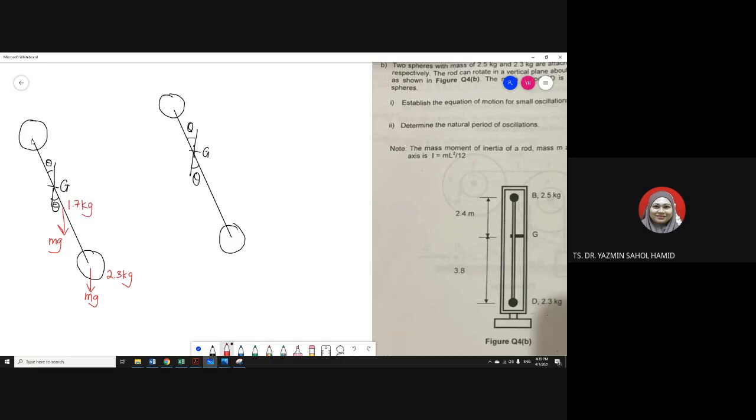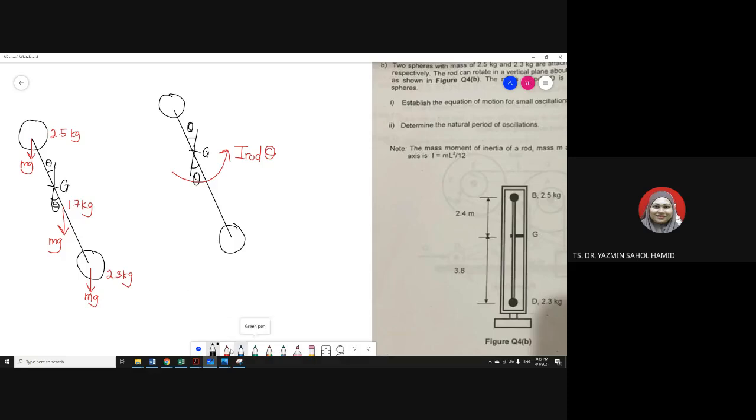And then we have another weight, the weight of the other pendulum at point B, the 2.5 kilogram. The other thing we have here is due to the rotation. Let's assume this rotation is going that way. So I of the rod multiplied by theta double dot. These are the two diagrams that you need to draw for pendulum questions like this.